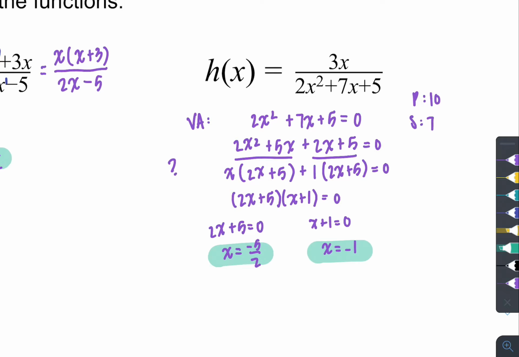You do need to write them as equations. All right, and then for our horizontal asymptote, the degree of my denominator is greater than my numerator. And so my equation is y equals 0. I don't even have to do any math.